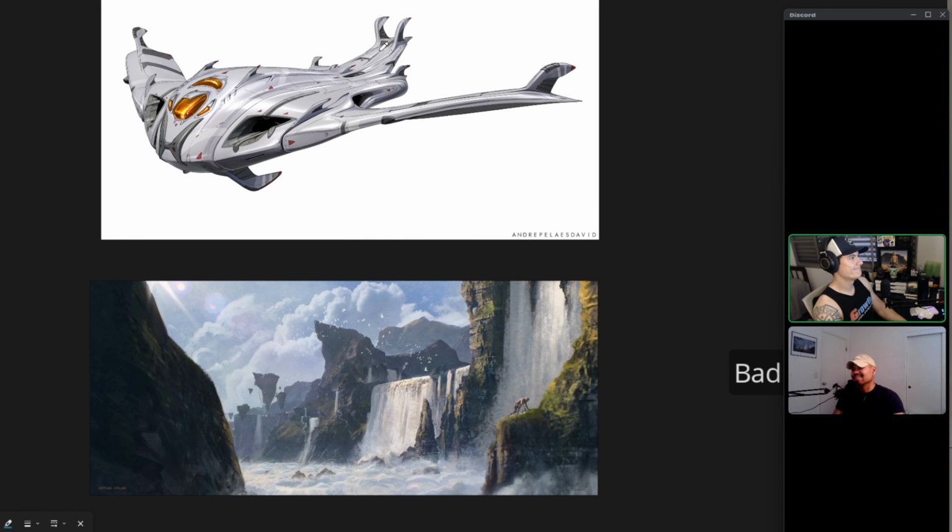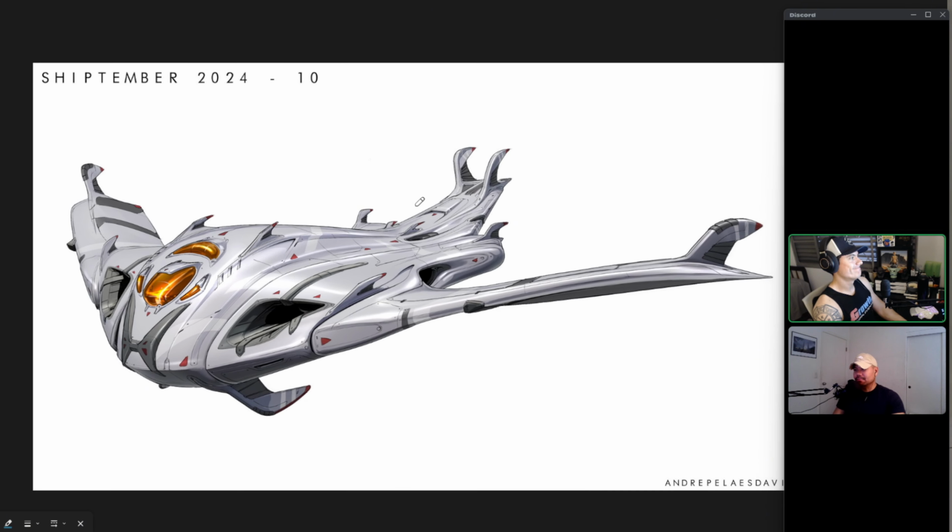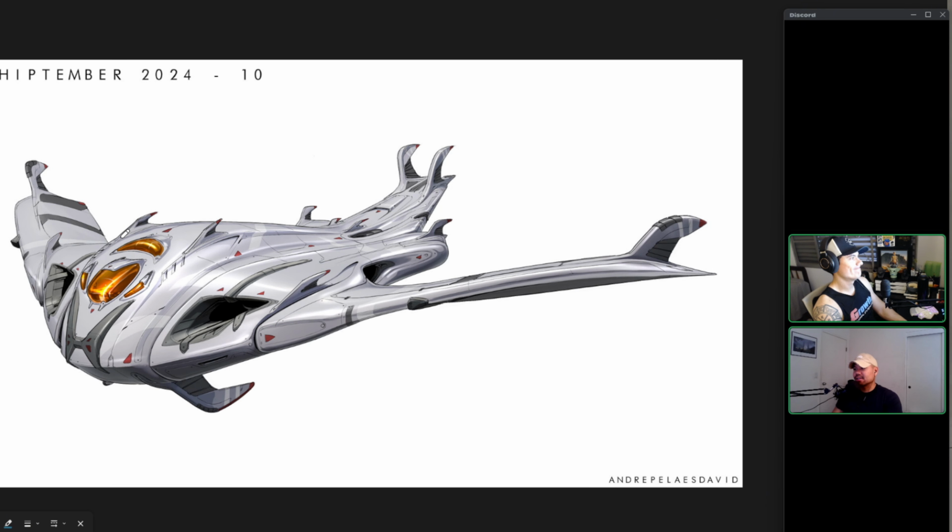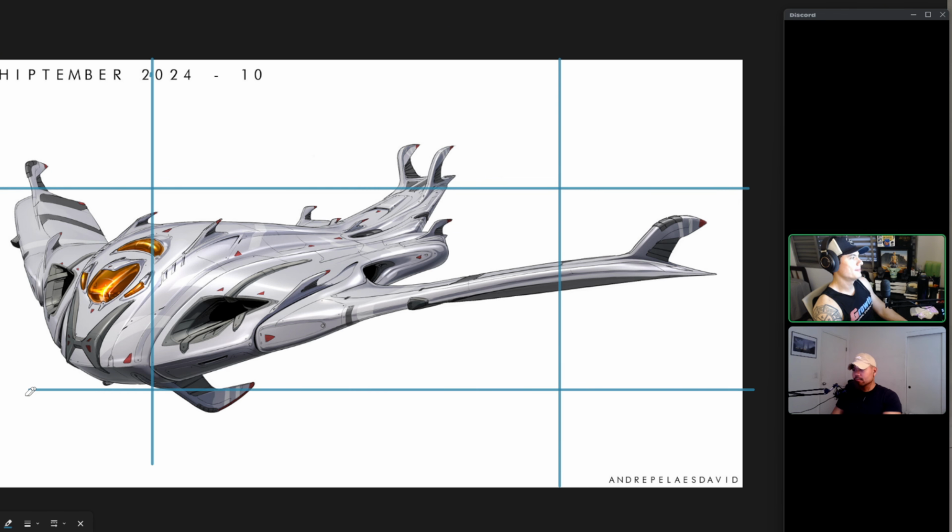Stuff from our work. So this is Andre's ship. Even though it's a design, not an environment, it still has good compositional elements like flow, gesture, the form. See how right here it already has a focal point on the left side of the canvas.